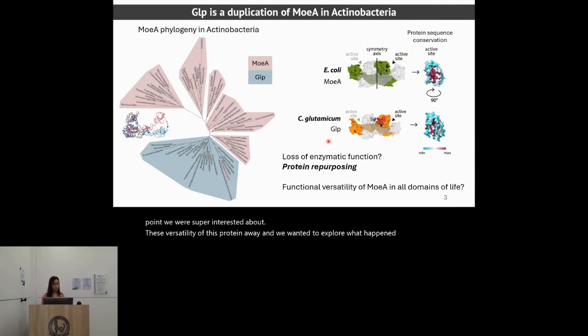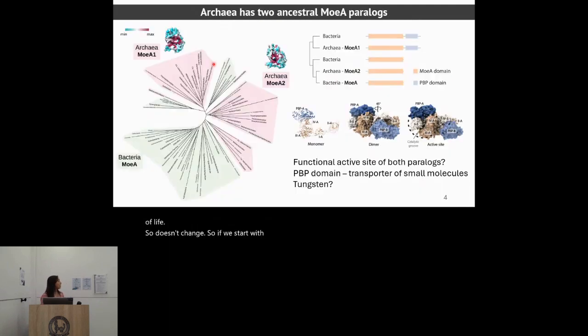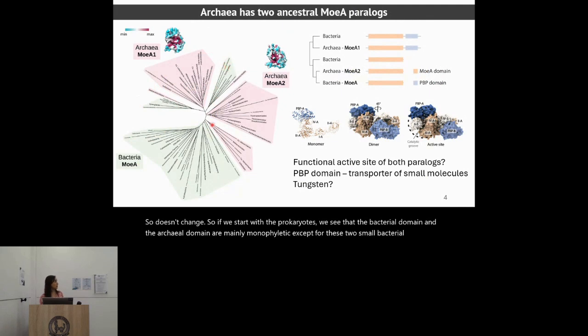If we start with the prokaryotes, we see that the bacterial domain and the archaeal domain are mainly monophyletic, except for these two small bacterial clades that branch within archaea. All canonical bacterial MoeA fall here in this big clade, and also GLP, the actinobacterial one.